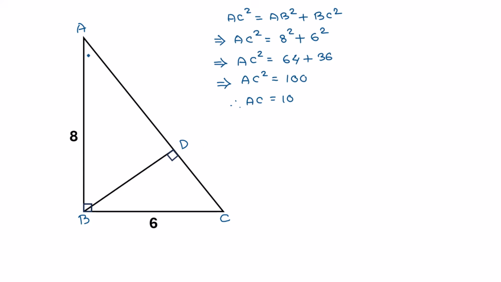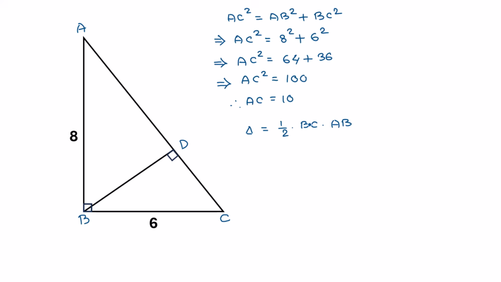Now the area of this triangle ABC, when BC is base and AB is height, the area is equal to half times base BC and height AB.